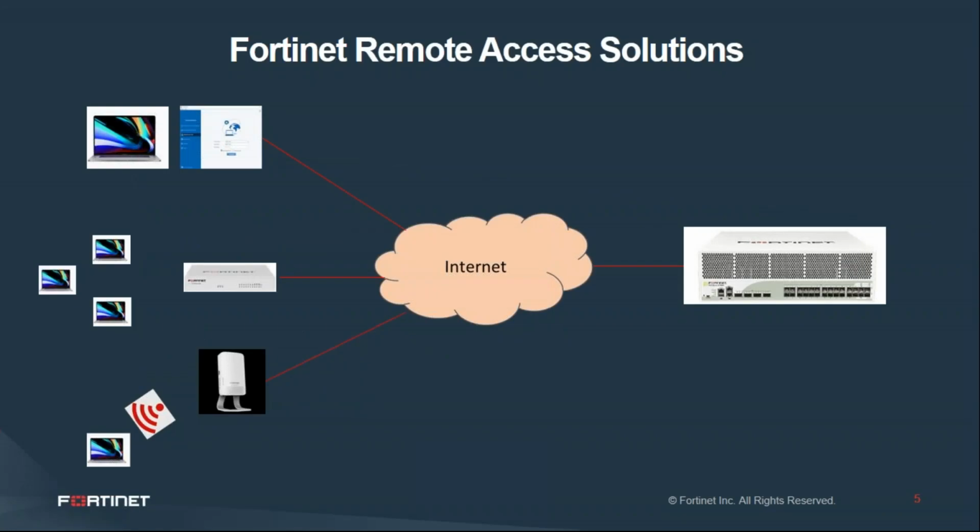FortiAP has multiple remote access solutions. Some you're probably quite familiar with, and then some you might be less familiar with. On the familiarity side, you have the FortiClient, which is a VPN client that can run on a Windows machine or a mobile device that allows you to create a secure VPN connection back to your FortiGate.